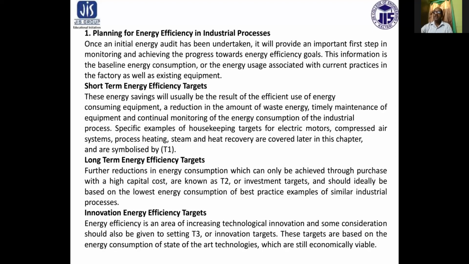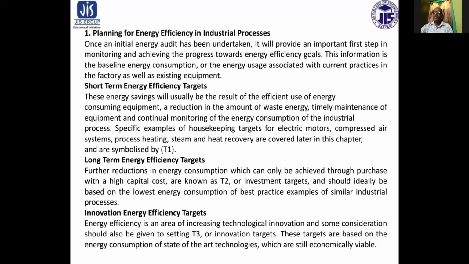In this regard, some targets are fixed, and these are categorized into short-term energy efficiency target, long-term energy efficiency target, and innovative energy efficiency target.